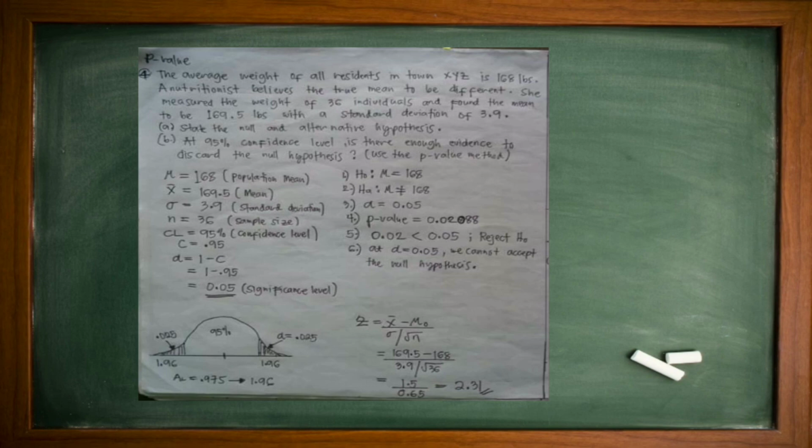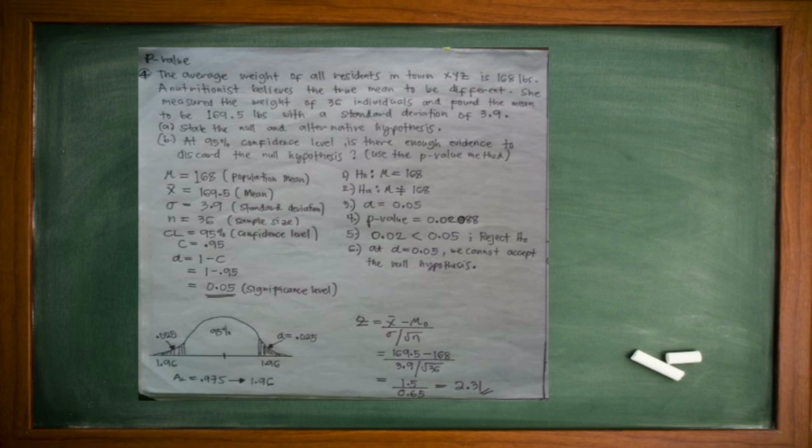Okay, so dito po 0.02 is less than 0.05. So ibig sabihin po, we have to reject the null hypothesis. Okay, next, step 6, state your conclusion. So at a significance level equals 0.05, we cannot accept the null hypothesis.